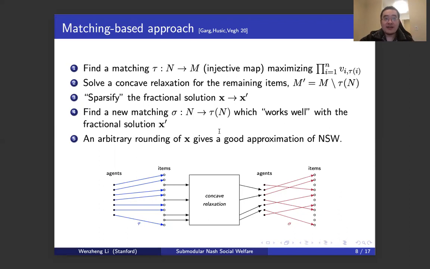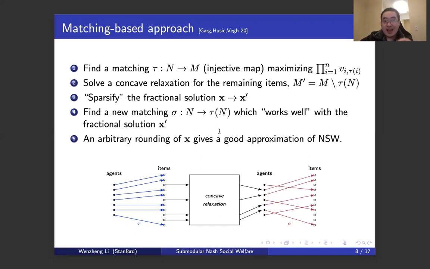As we have seen in the last slide, we cannot hope to fully round the solution because the gap is unbounded. But here is an important observation, that's a key: we only need to partially round the solution, just to make it sparse enough.